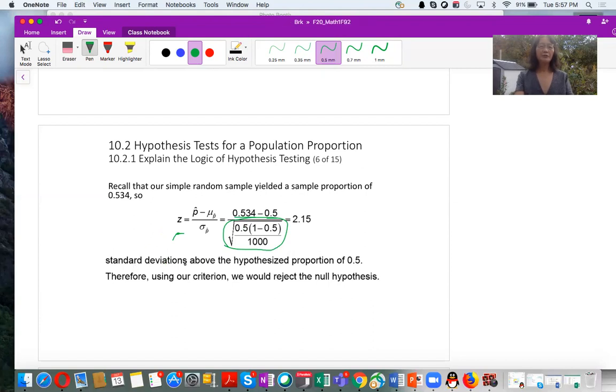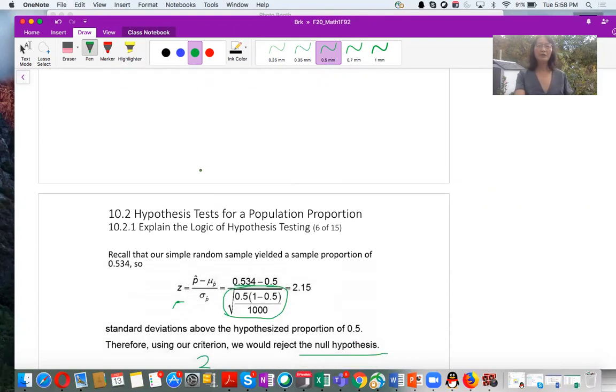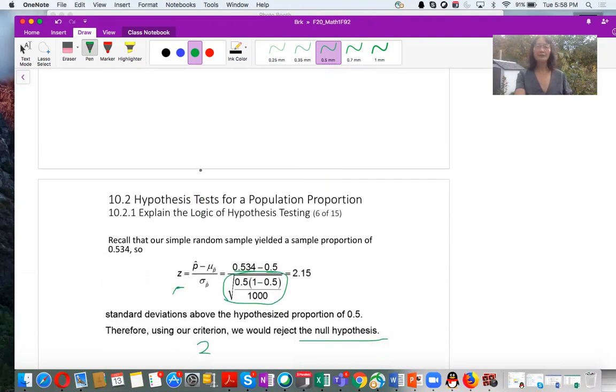This is 2.15 standard deviations above the hypothesized proportion. Our criteria is that if it is beyond 2 standard deviations, we consider it significant. Our result is more than 2, so we reject the null hypothesis.